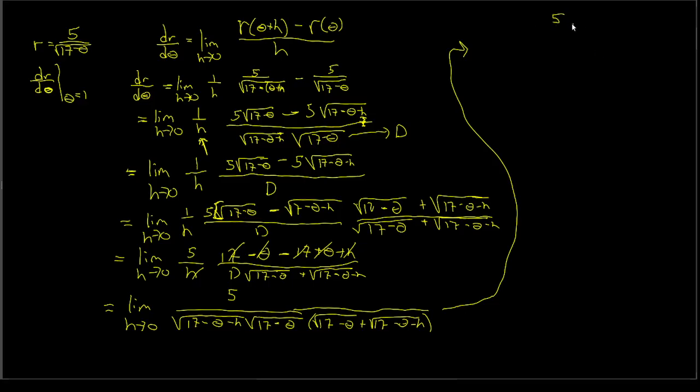So I'm going to have 5 over the square root of 17 minus theta, times the square root of 17 minus theta, times 2 times the square root of 17 minus theta, because they're added.